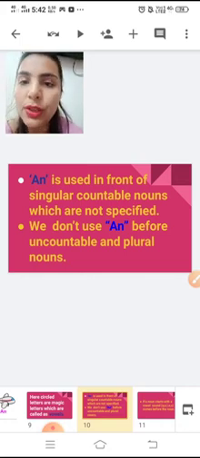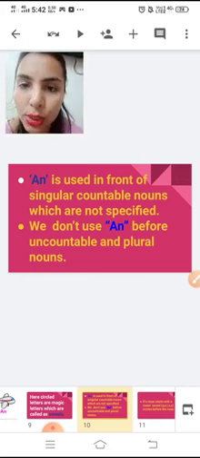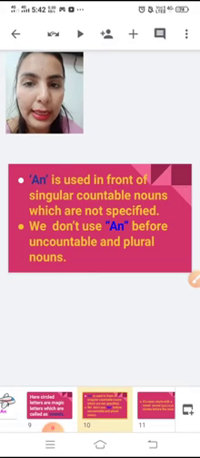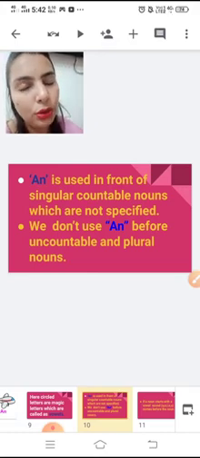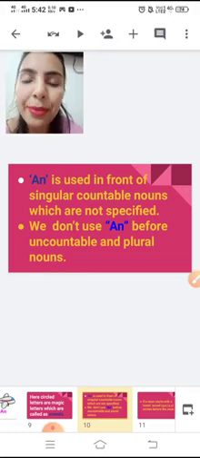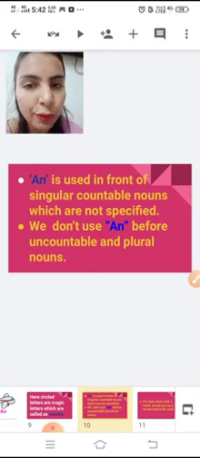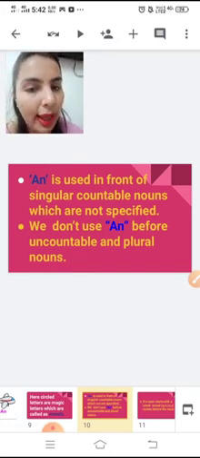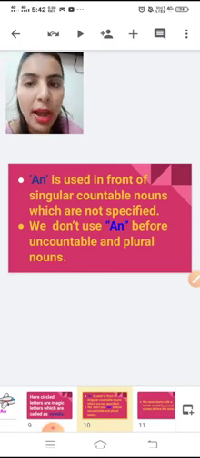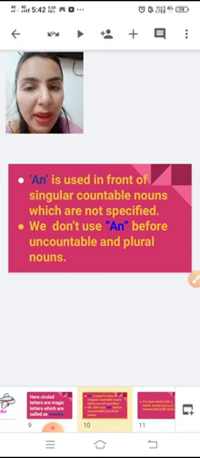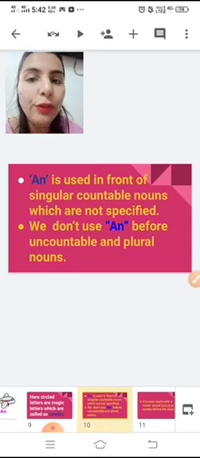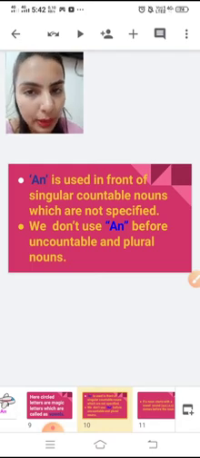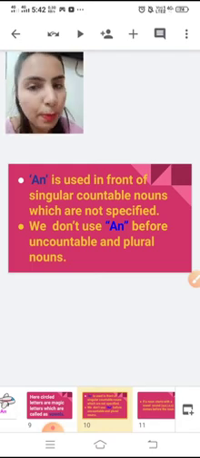Until the noun is countable, we never use an. Or if it is plural, we also don't use an before that. So for using an, the noun should be singular and countable, but not specified. We use an before singular countable nouns which are not specified.